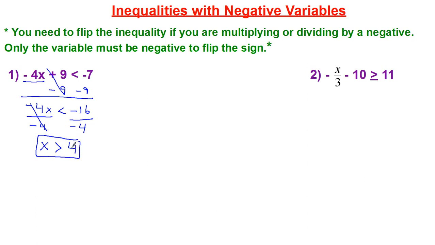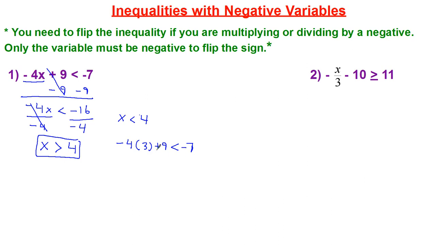Okay? Now, let's see what would happen if I had x is less than 4. Let me pick any number that's less than 4. Let's say x is equal to 3. Let me plug this back into my original inequality. Negative 4 times 3 plus 9 is less than negative 7.